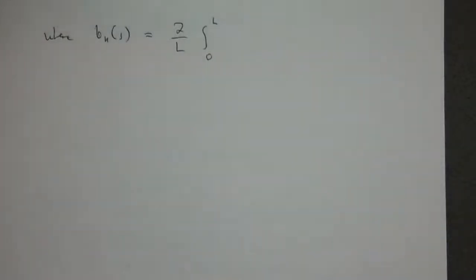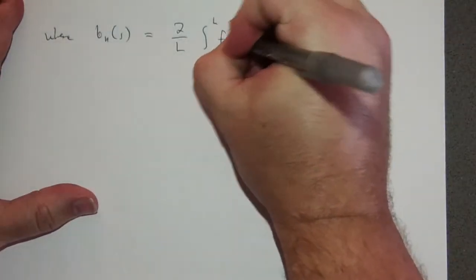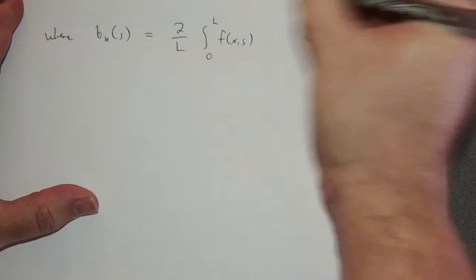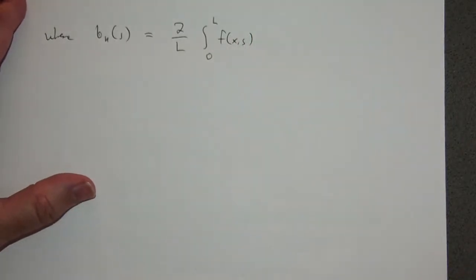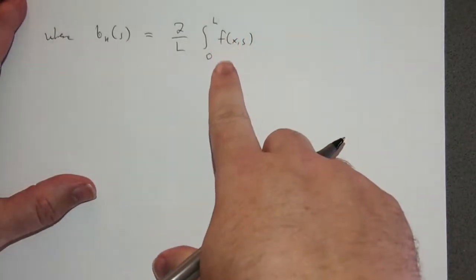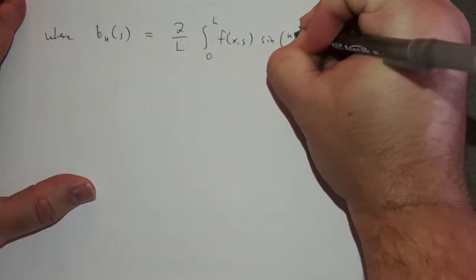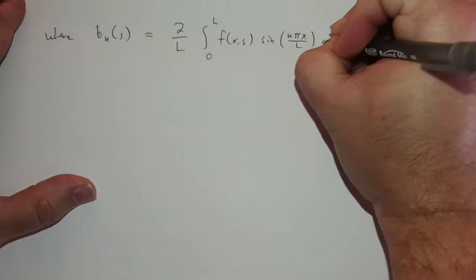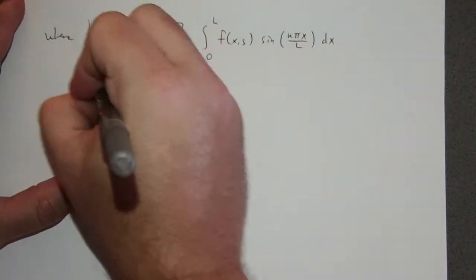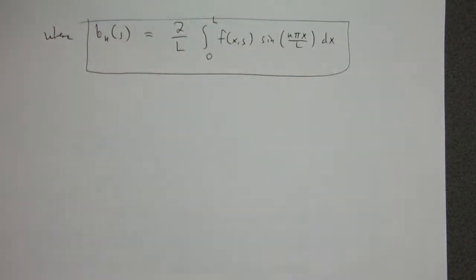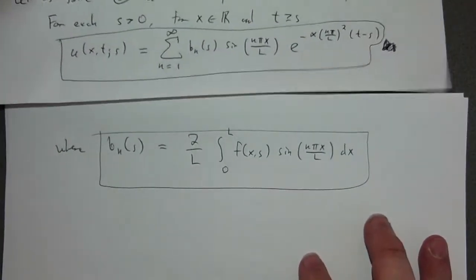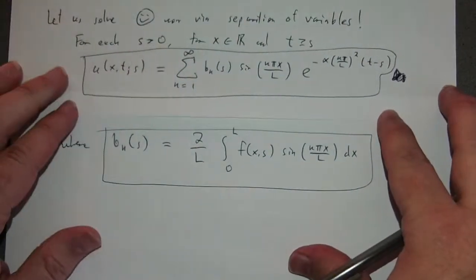And so, for each s, I have this integral: f of x, s goes right here, times these eigenfunctions, sine of n pi x over L, dx. And so that is my solution formula, taking these things and putting them together. This gives me my solution.